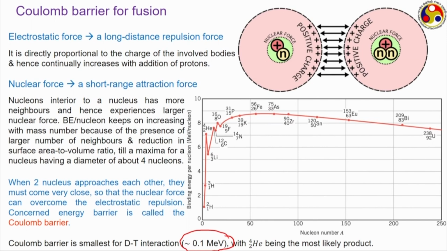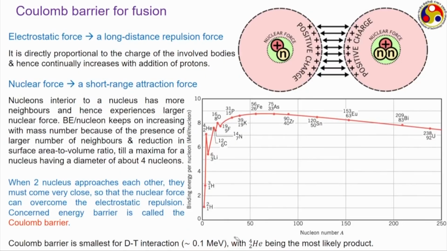If you remember those 4 reactions that I mentioned in the last class, we can have 2 different kinds of DD reaction. In one case, the product is a helium 3 and a neutron. If I write quickly, 1H2 producing 2He3 plus neutron.